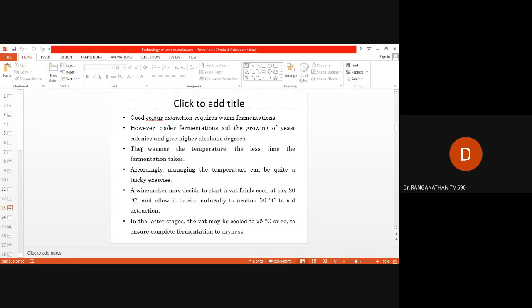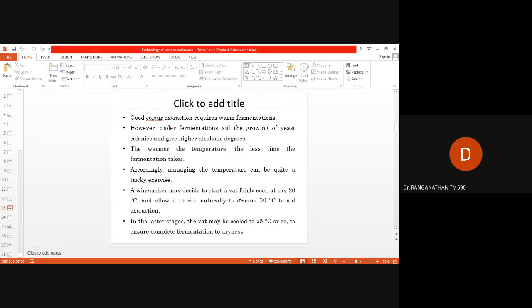So the warmer the temperature, the less time taken for fermentation. The ideal temperature is 28 degrees centigrade, and warmer means beyond 30 or 32 degrees centigrade. Of course, if the temperature goes beyond 35 or 36 degrees centigrade, the yeast dies out. So the manipulation of temperature is between 27 or 28 degrees centigrade and 35 degrees centigrade.